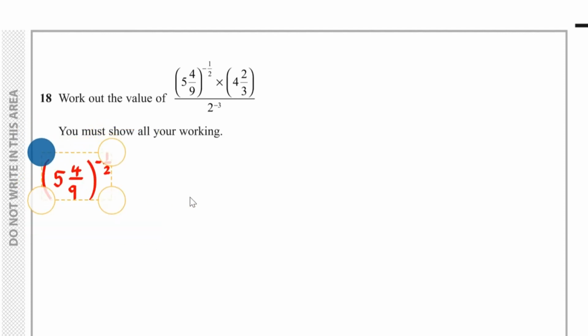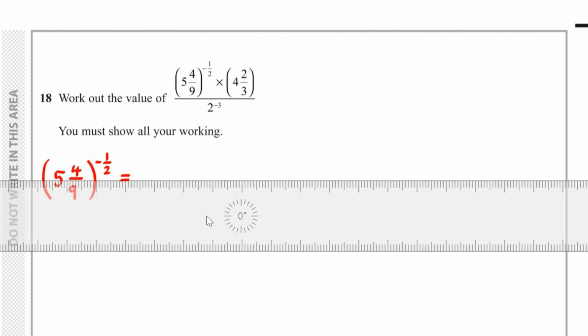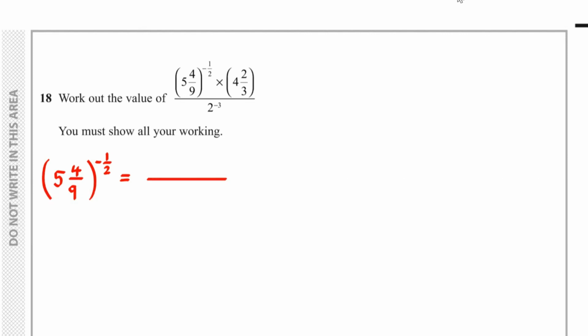then what we have here, if I convert this mixed number into an improper fraction, well, 5 times 9 is 45, plus another 4, that's 49. So we have 49 over 9 to the negative 1/2.